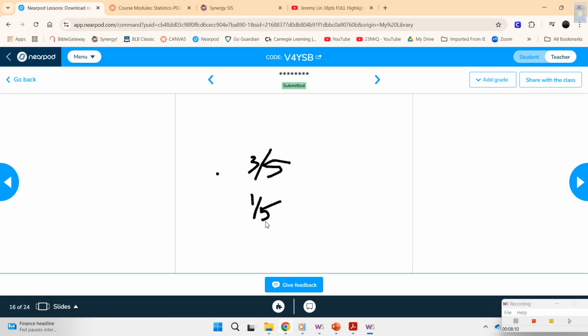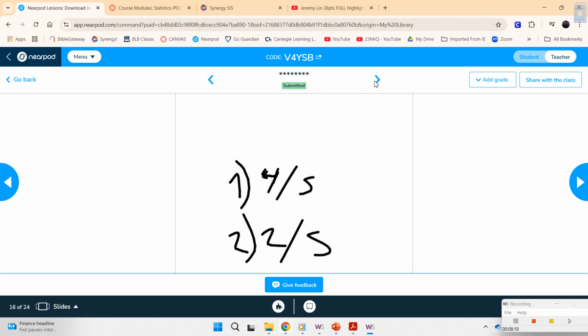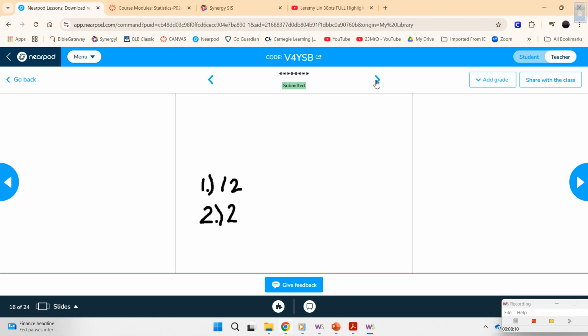60% shooting, 40% passing. 12 shooting. Wow. 4 out of 5 shooting, 2 out of 5 passing. What? That's 6. Anyways. 12 shooting, 2 passing. 15.